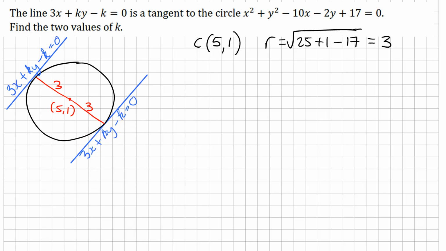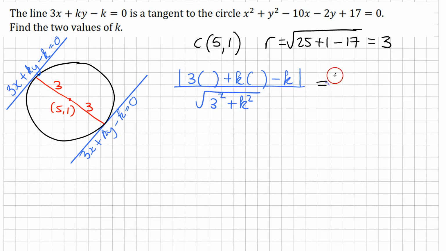So setting that up then, we're going to have the absolute value of 3(5) + k(1) - k, all over the square root of 3² + k², and we know that that's equal to a distance of 3, and that's coming from the point (5, 1).